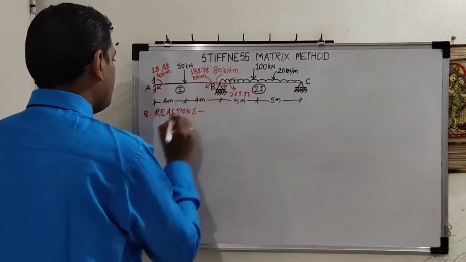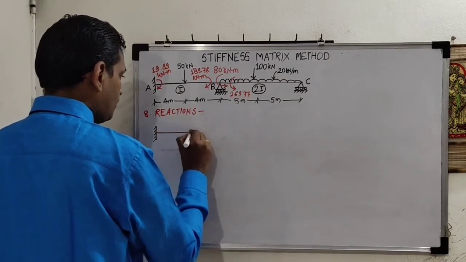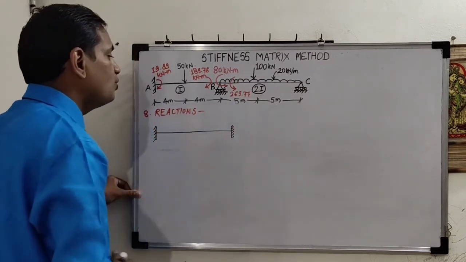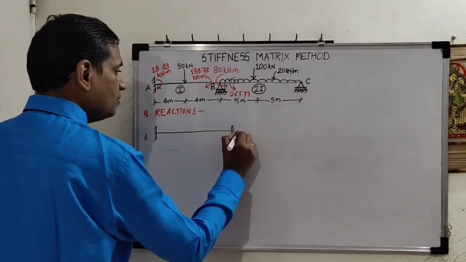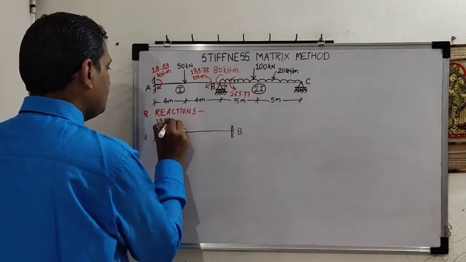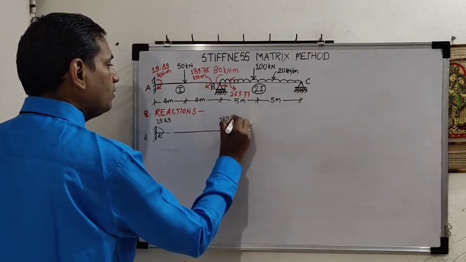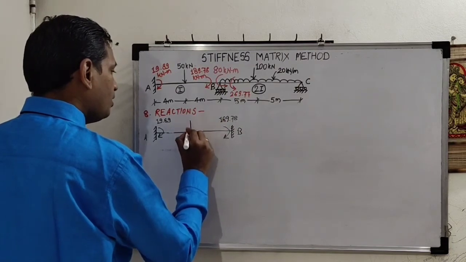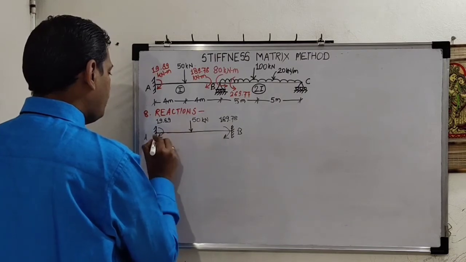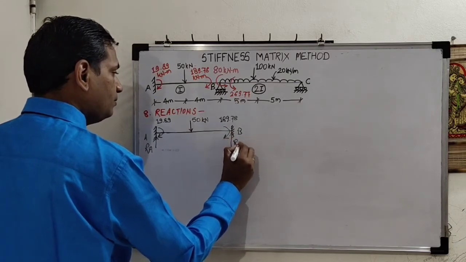Get the free body diagram of AB. B is internal support, so it is assumed that as fixed. So B is here. Then this 19.89. Then this 189.78, and then this 50 kilonewton central load, and we have to find these reactions RA and another is RB1.